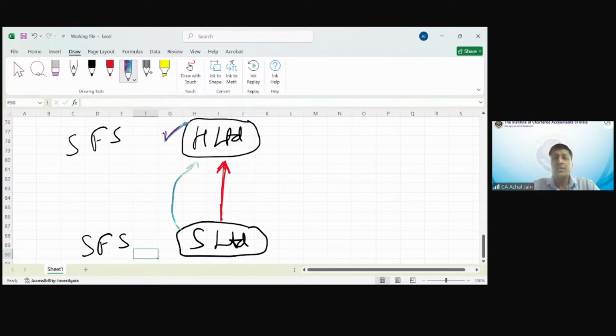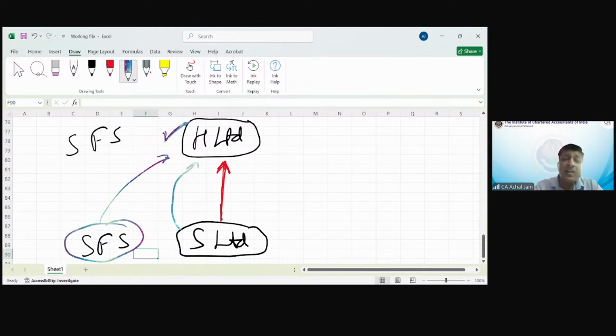Now the question arises: can S Limited provide the same financial statements to H Limited? Answer is yes, it can provide. The only thing is that in this financial statement which S Limited provides, if materiality and no, there's something else which I'm just trying to explain. Then I'll come back to your point. The only thing is that sometimes S may be following different accounting policies.